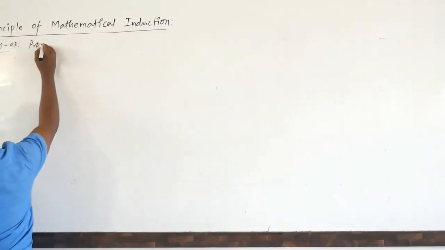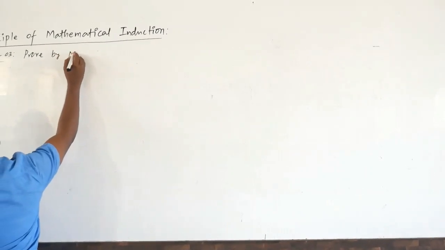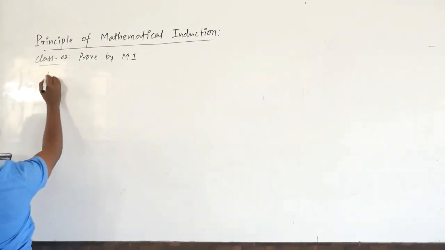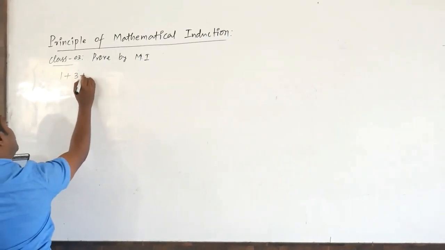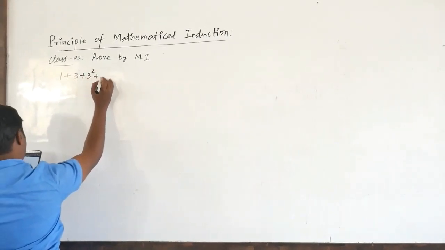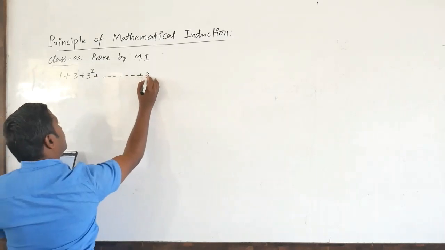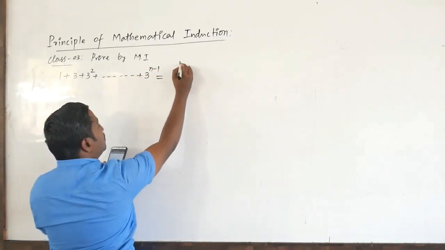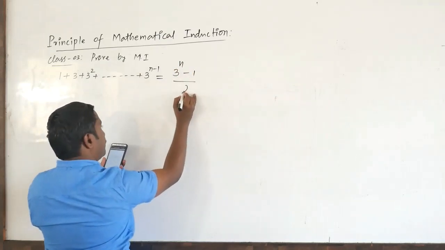Prove by mathematical induction: 1 plus 3 plus 3 square plus and so on plus 3 raised to n minus 1 is equal to (3 raised to n minus 1) by 2.